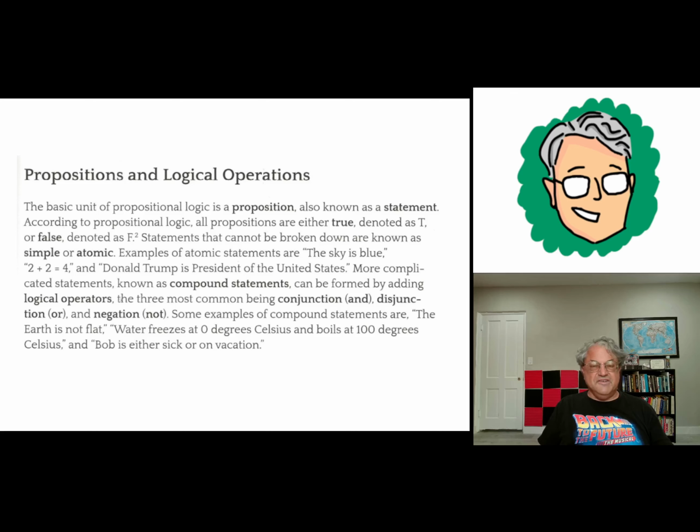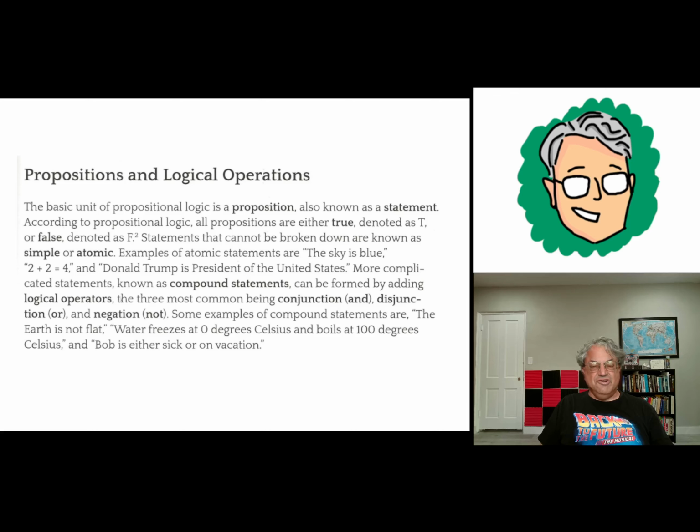You can assign letters to atomic statements. Remember, we're doing math here. So in math, we like to use symbols like we do in algebra for unknown quantities. We can also use symbols for atomic statements. So we can call the statement, the sky is blue, in my book, I give that the letter capital S. And then the second part of our compound statement, 2 plus 2 equals 4, we can call that U. So the compound statement, the sky is blue and 2 plus 2 is 4, we write as S with a wedge pointing up.